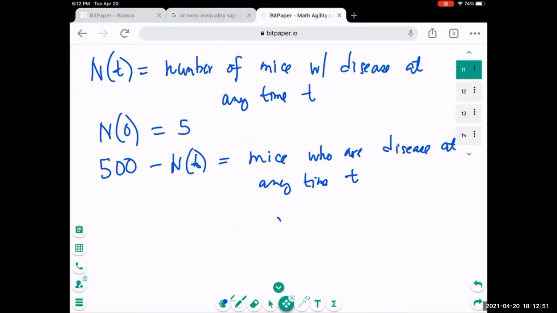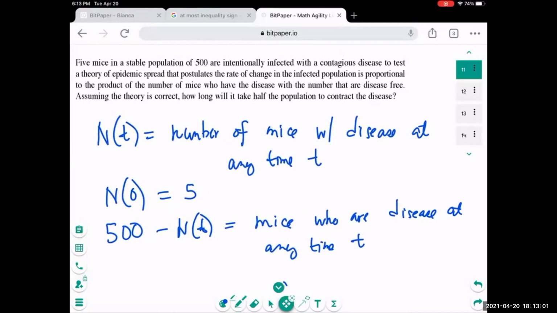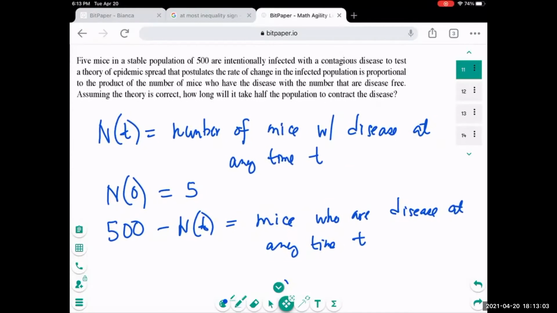Based on the problem, we can create a proportionality equation. Let's read that part. In the second portion, the theory of epidemic spread postulates that the rate of change in the infected population is proportional. So we will use the variable k in our equation.